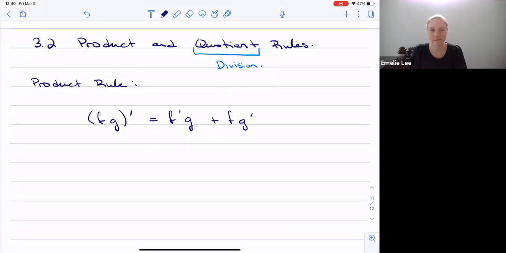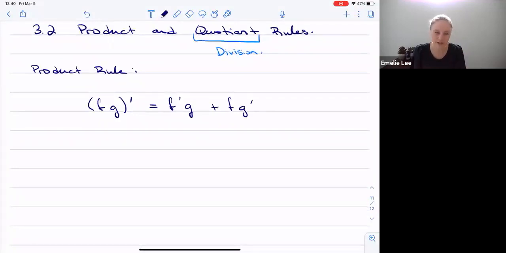And that's going to take a little bit of practice to recognize that two functions are being multiplied together. That can take some practice to see. Okay, I've got two functions being multiplied. I need the product rule, but also applying it.